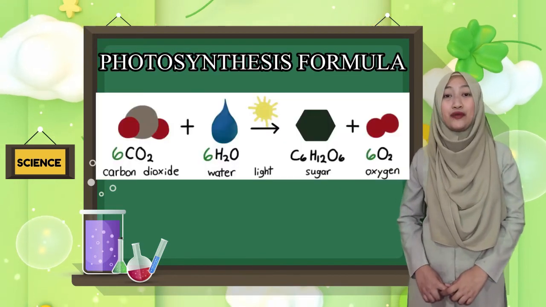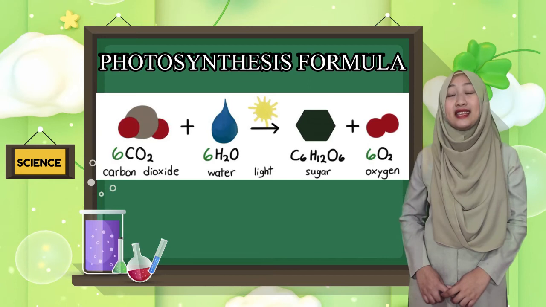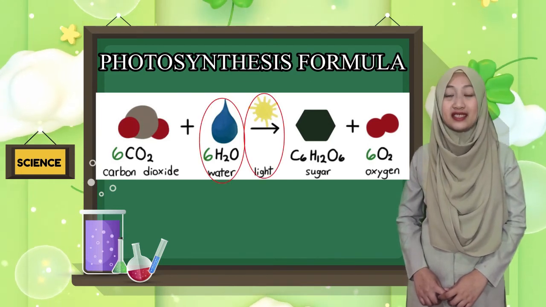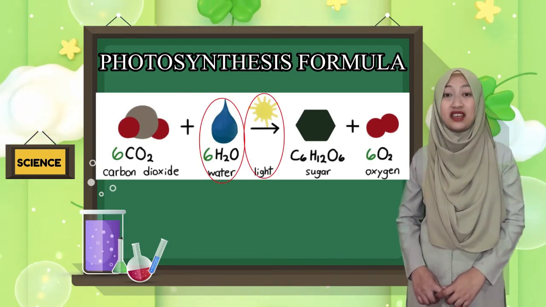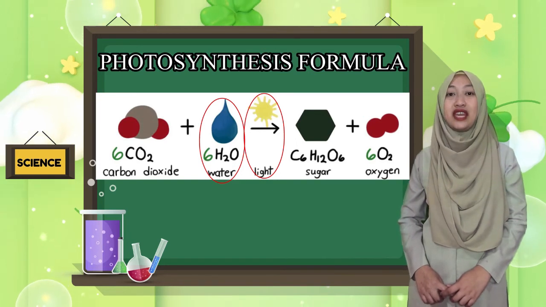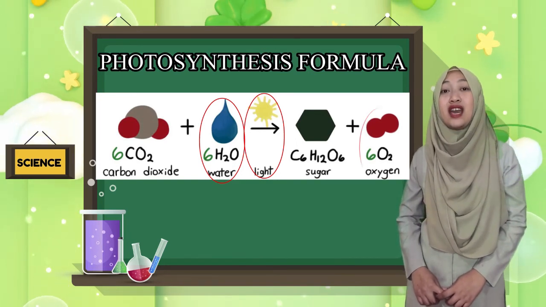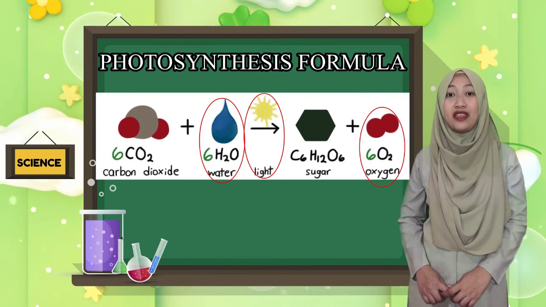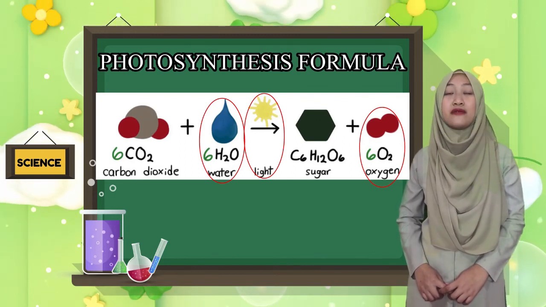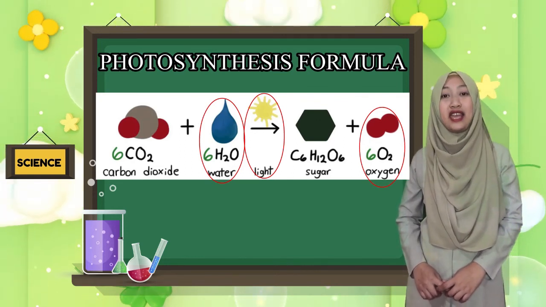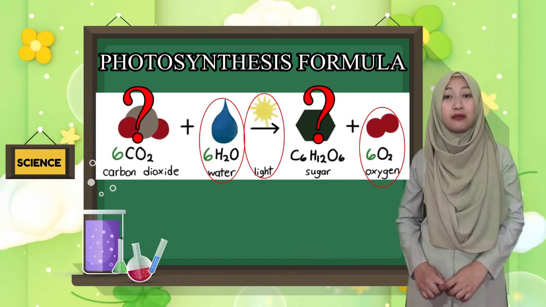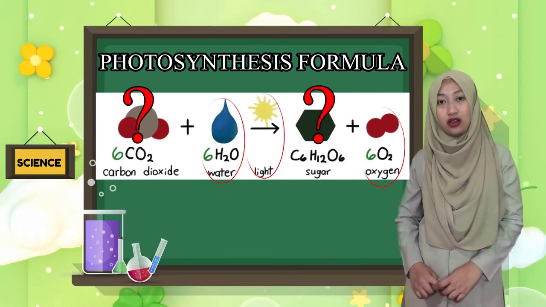So going back to the formula of photosynthesis, the light and the water on the reactant side were used in the process of the light-dependent reaction. And as you can see, the oxygen in the products was also a result of the light-dependent reaction. So what about the carbon dioxide and the glucose?